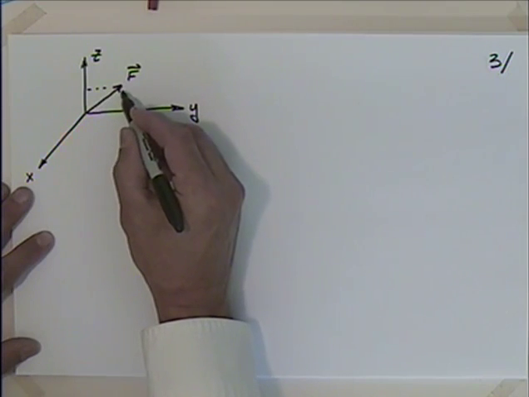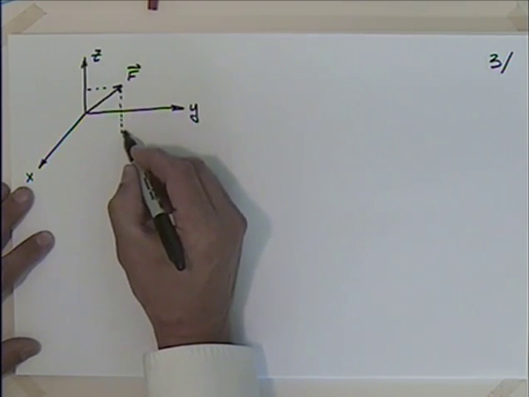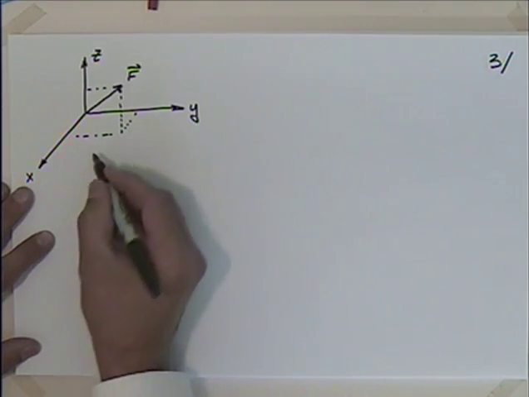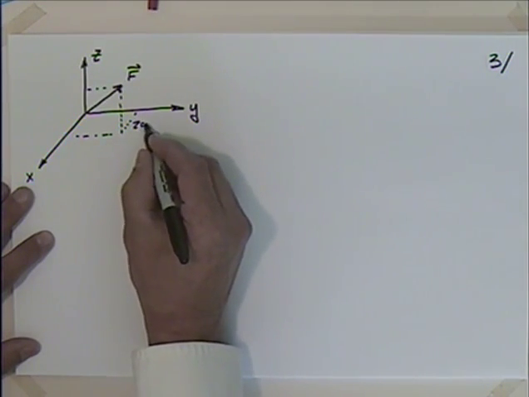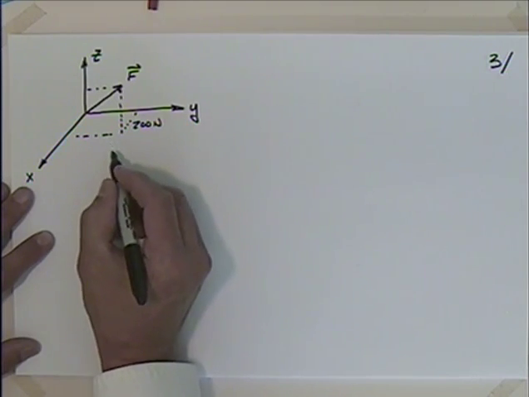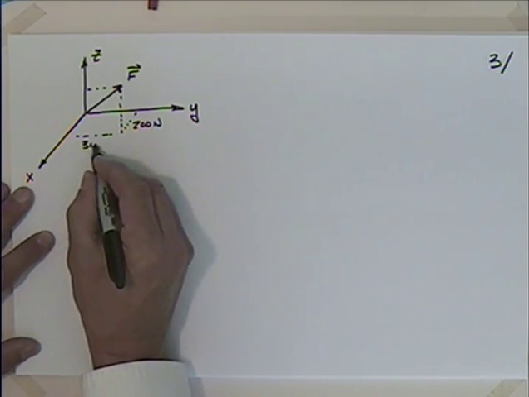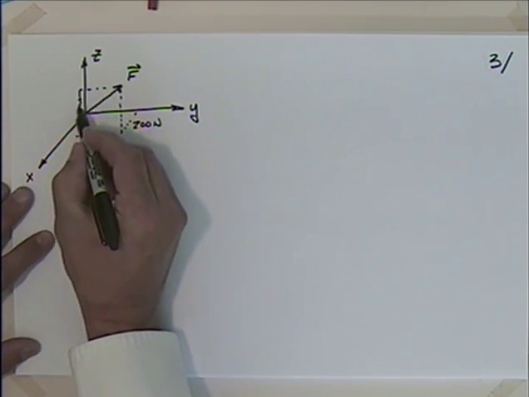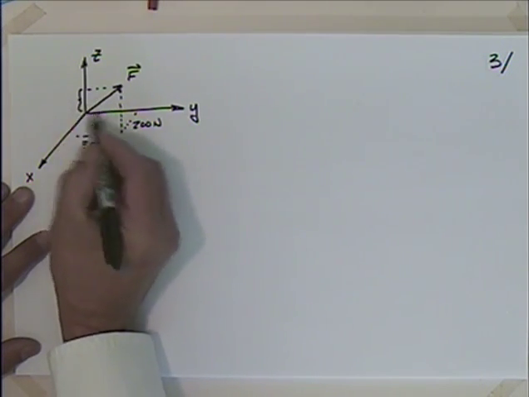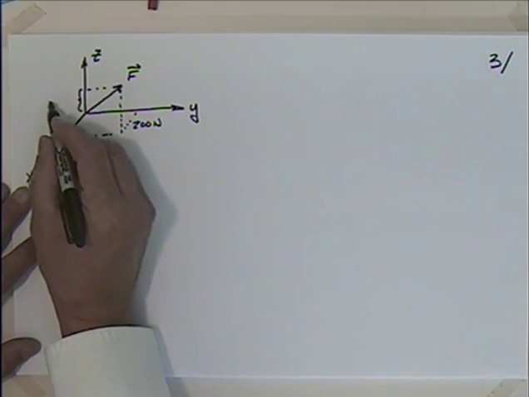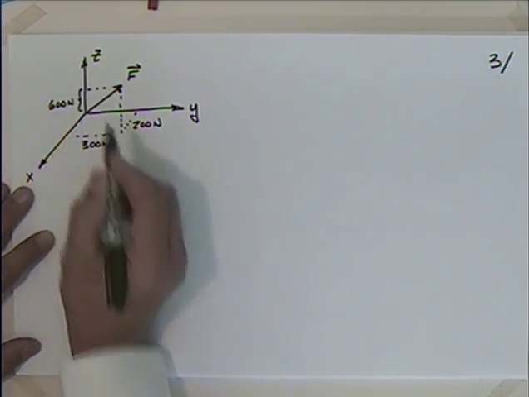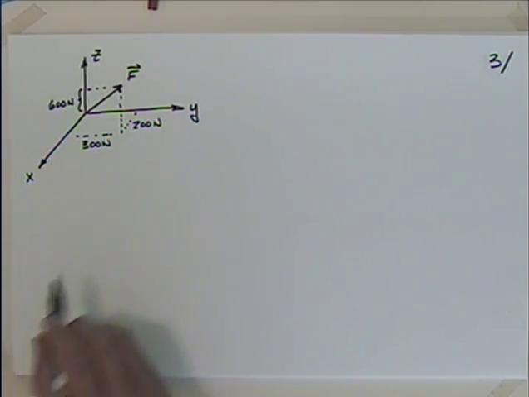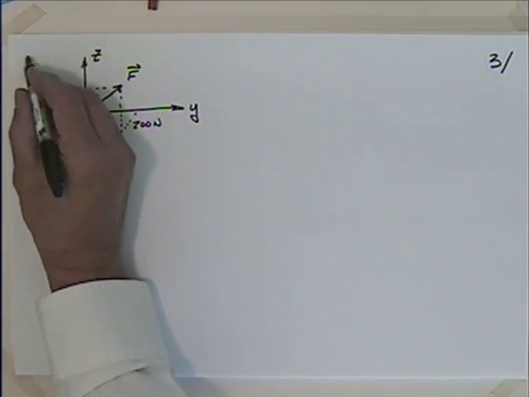We're given each of the components here. They tell us that the x component is 200 newtons. So we've got a metric problem here. The y component is 300 newtons, and they tell us that the z component is 600 newtons. I don't have great scale here, but I do have a right-hand coordinate system, so that's good. We'll take this as given.